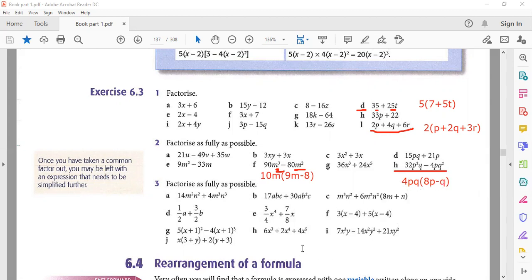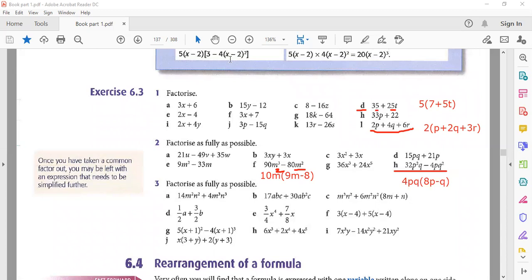Now question number 3, starting from the C part. Factorize as fully as possible. So first of all we take common from these two, because this is part of this one.